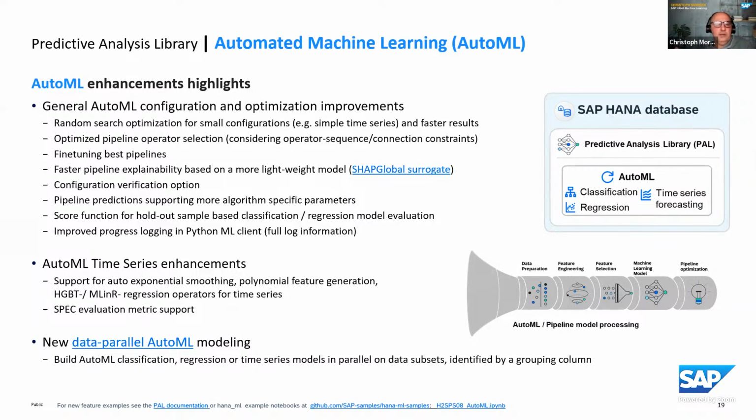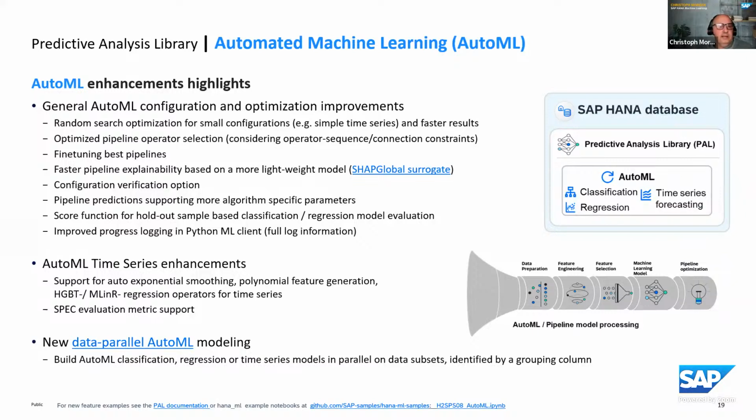Again, this data parallel flavor. We need a fast forward optimization, and there the classic genetic algorithm may be too much, and therefore random search for a smaller search set is made available, so that basically concludes quicker to what the best time series may be for, as I said, smaller time series scenarios.